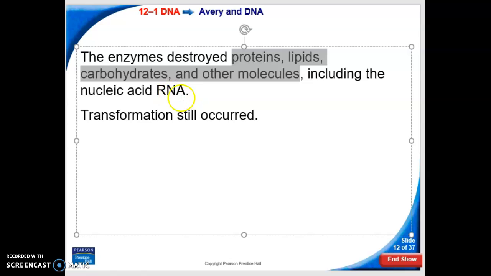And we are going to talk about the RNA later on, but what they did was they killed all these proteins, lipids, carbohydrates. Now, the transformation still occurred after he killed off these things. So obviously, these were not the organisms that were responsible for passing on our traits.